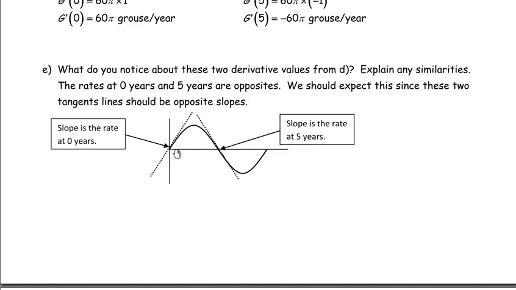We found the rate at 0 years and the rate halfway through the cycle. If we draw tangents there, we should see that those two have exactly opposite slopes. So we should expect those two rates to be the same except one positive and one negative. The rate it's increasing here is the same as the rate it's decreasing right there.